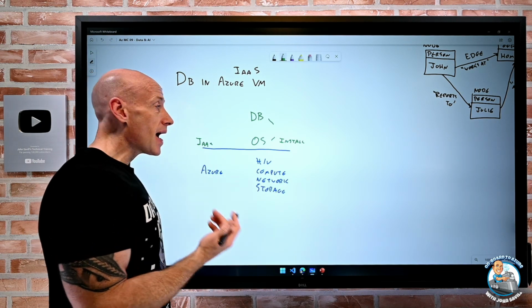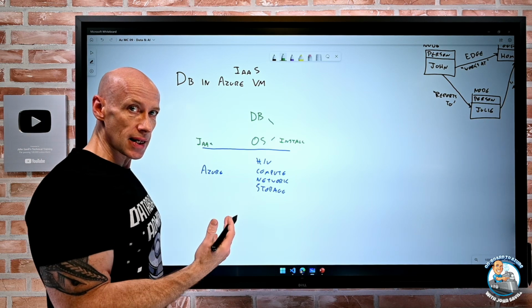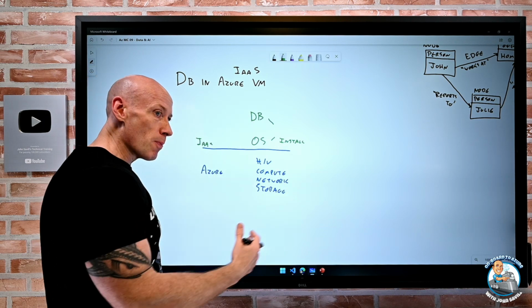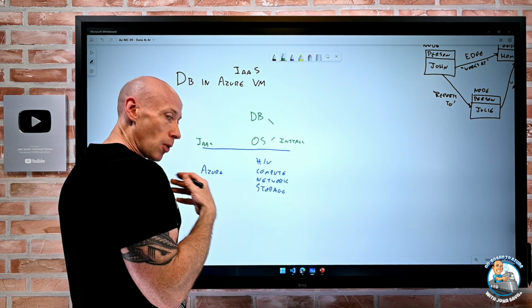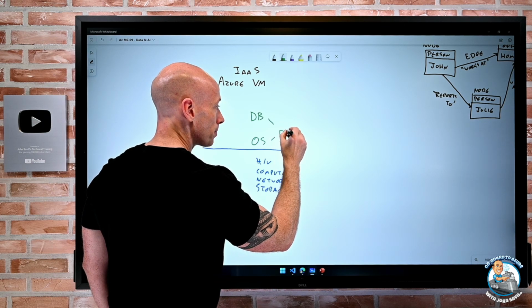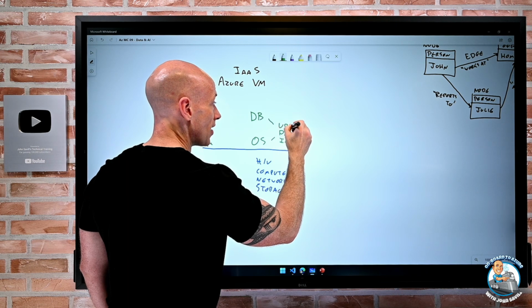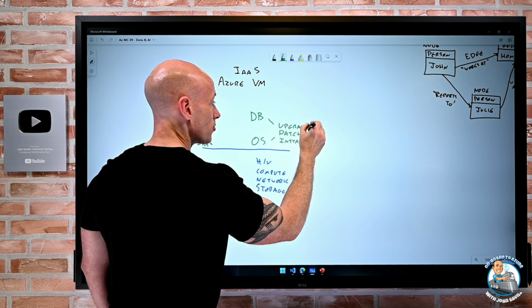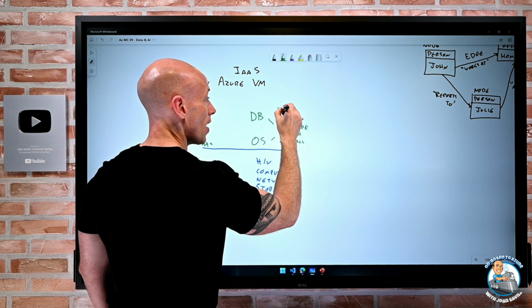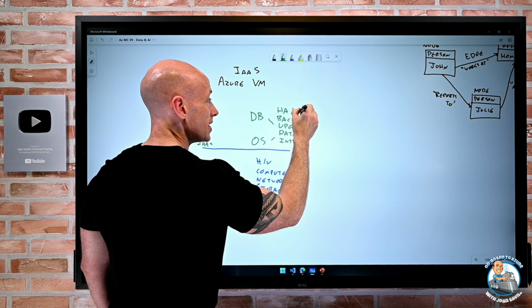There are images that have databases pre-baked in as well with pre-configured things. So in the marketplace, there are things that can help me get going, but I'm responsible for picking that. I'm responsible for thinking about the patching, maybe even upgrades, the backup, the high availability. Potentially I need disaster recovery.